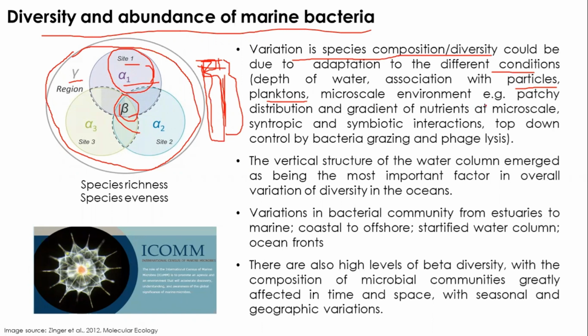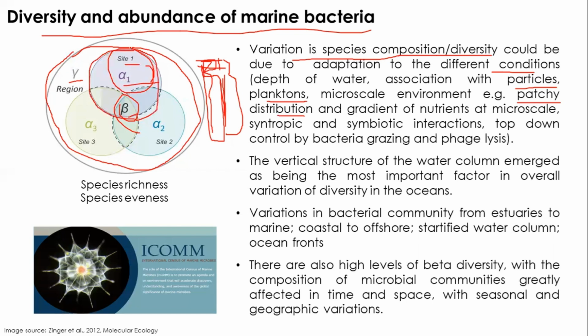At the same time, we also have a very patchy distribution, because even in one particular site, just imagine that you have an open sea, and then within the open sea, at one place you have more phytoplankton. We have seen already that this phytoplankton can excrete exopolysaccharides, right? Because of those exopolysaccharides, there are bacteria which are specifically attached to that particular area, right?